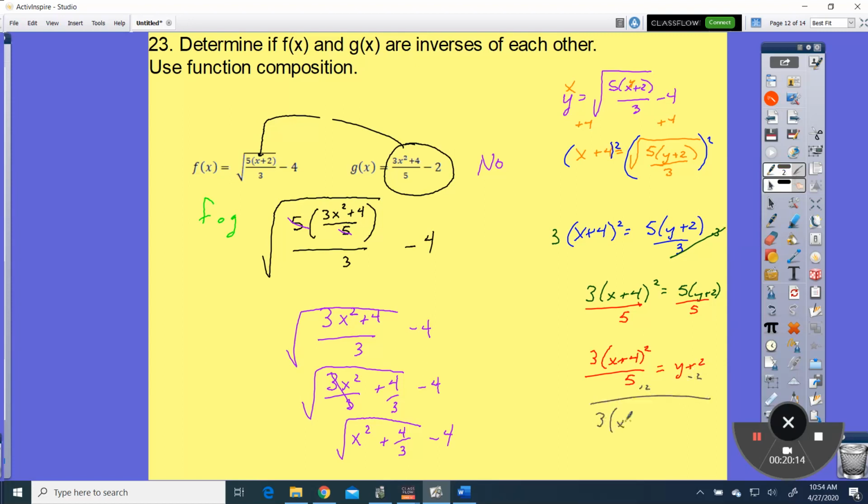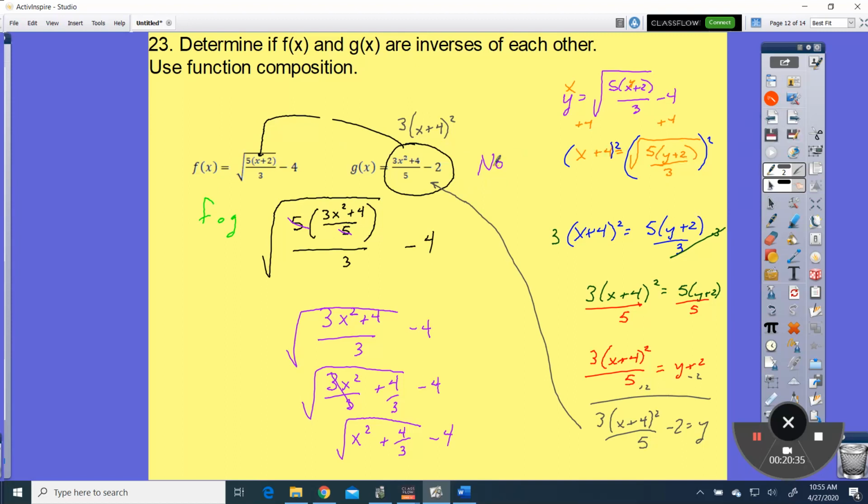So 3 times x plus 4 quantity squared all over 5 minus 2 equals y. That's what the inverse should have been. So this is what should have been here. So the only thing wrong with this, realistically, is it should have been x plus 4 quantity squared in here. But that does make it so they are not inverses of each other.